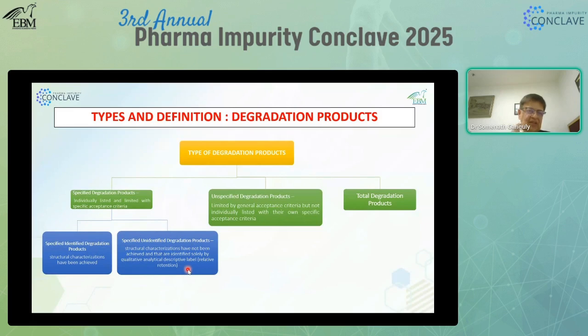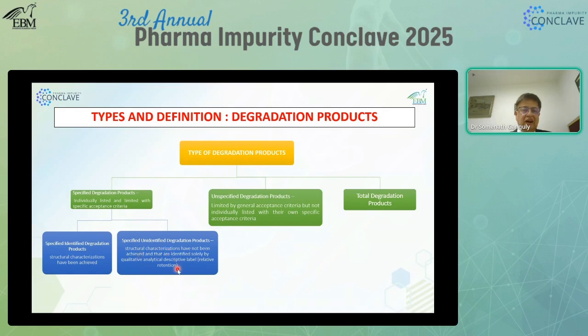In both cases, if it is a specified identified degradation product, when we say identified, it means that for that impurity we have done all the structural characterization and have thorough knowledge of it.